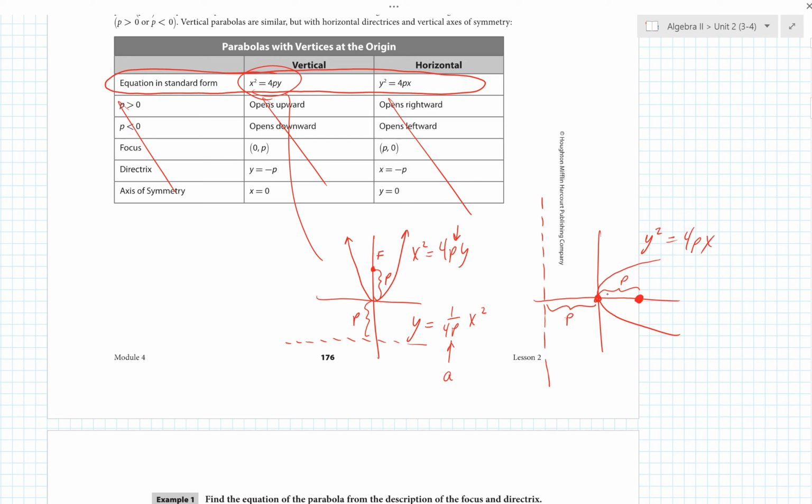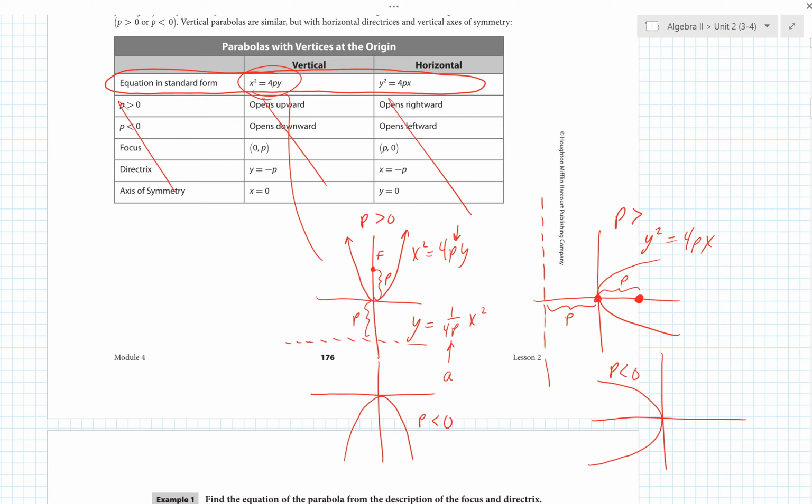Okay? So when p is positive, it opens in the positive direction. When p is negative, it flips the other way. So this is p being positive. If p was negative, we'd have a parabola that goes like this. P is less than 0 in that case. Or for the sideways parabola, this would be p is negative.